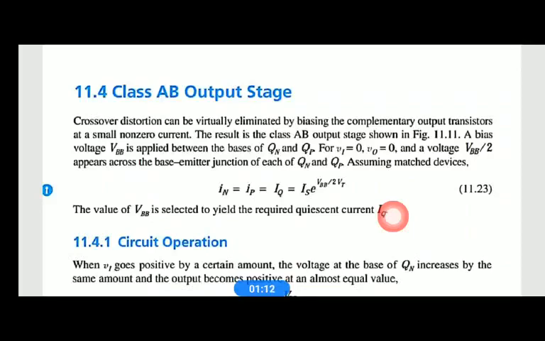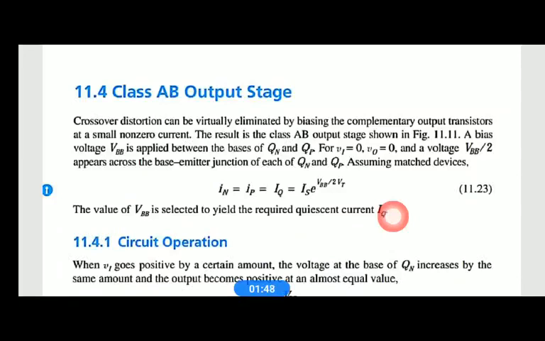Means at zero crossing, when the positive cycle or negative cycle is crossing from positive to negative at 0 volt, above certain voltage at 0 volt on the positive side, there will be no output, and as well as below some volt, approximately minus 0.5 volt, we will not get the output.